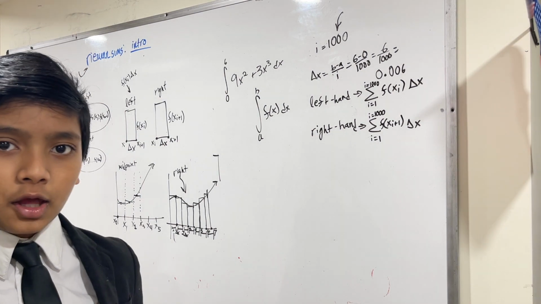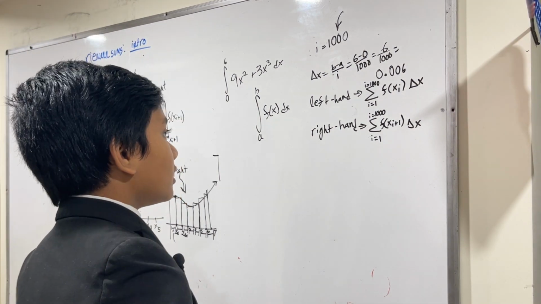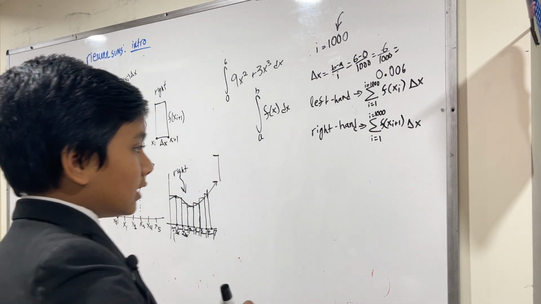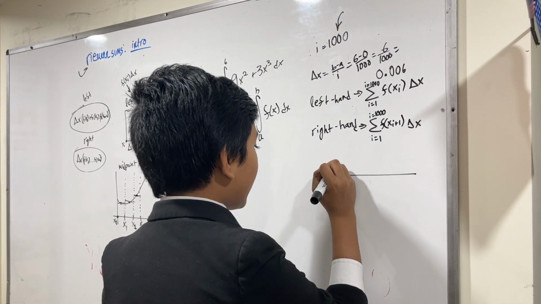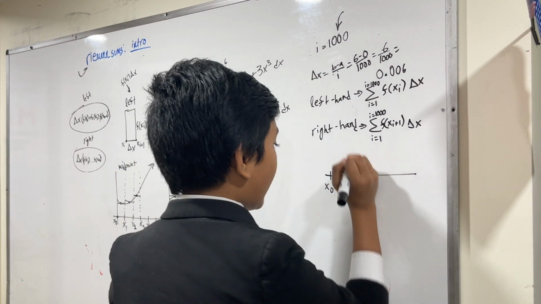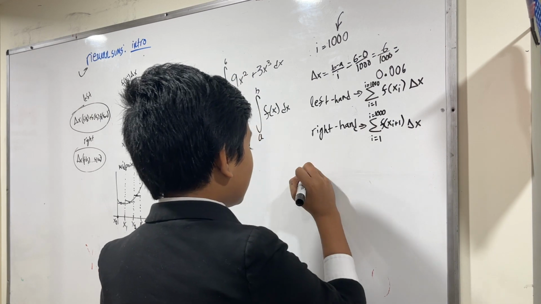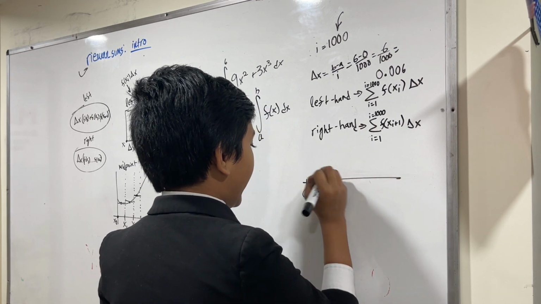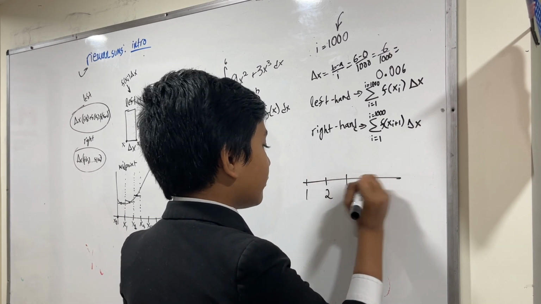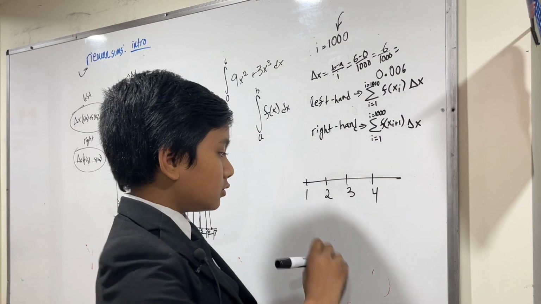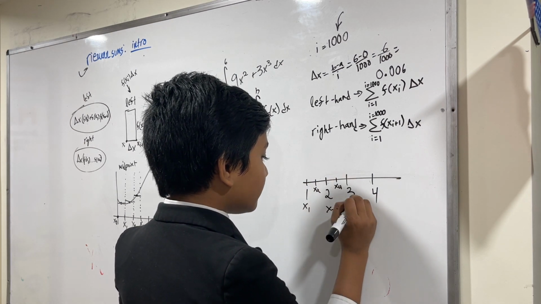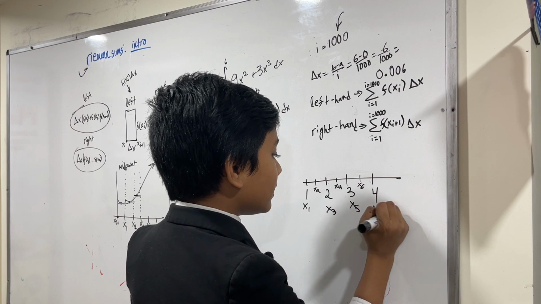Alrightos, let's begin. So, to do this, what we have to do is a little something called trickiness. What if let's say we had x0 equals 0, for example. And then we had, okay, how to explain this? Let's say we have 8 intervals over here. Let's say we wanted to make 8 subintervals. This would be x1, x2, x3, x4, x5, x6, x7, and x8.